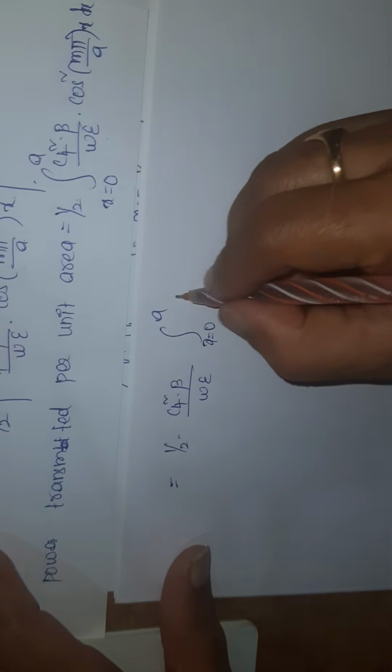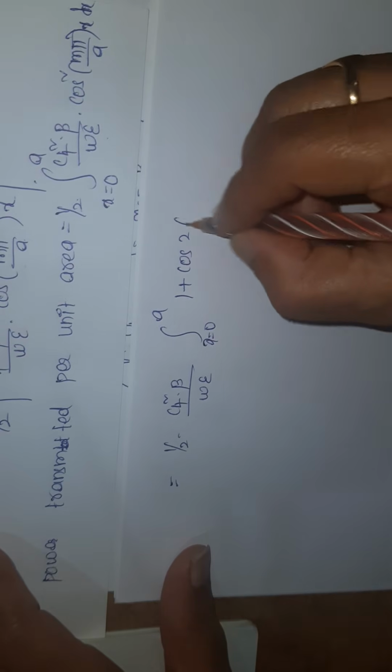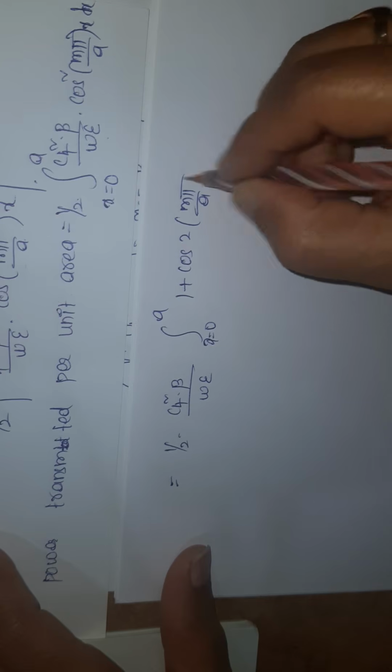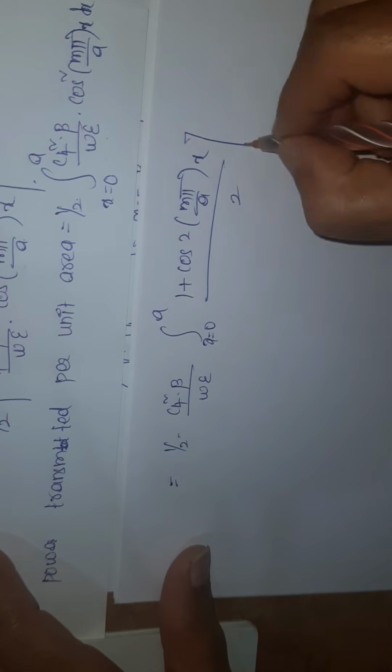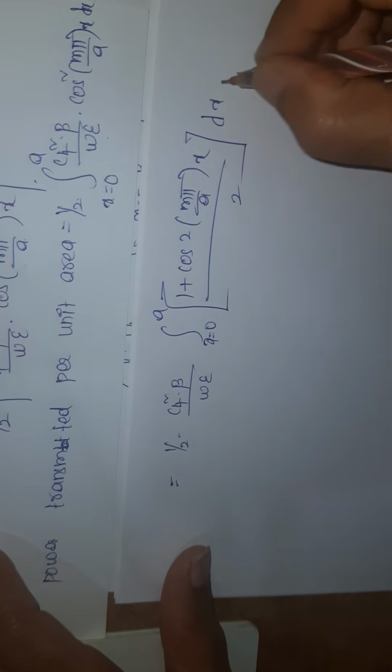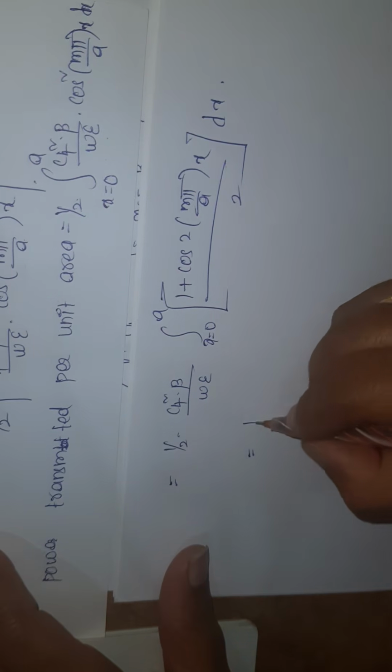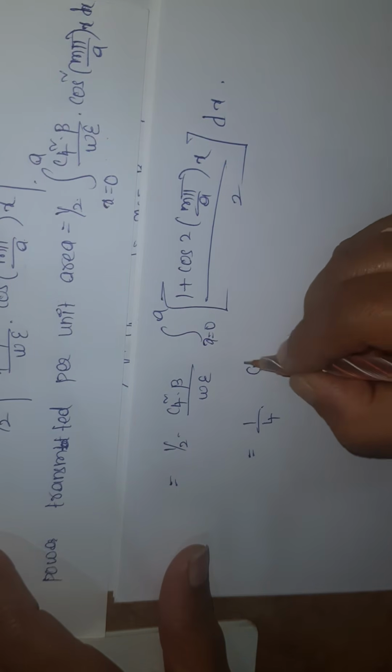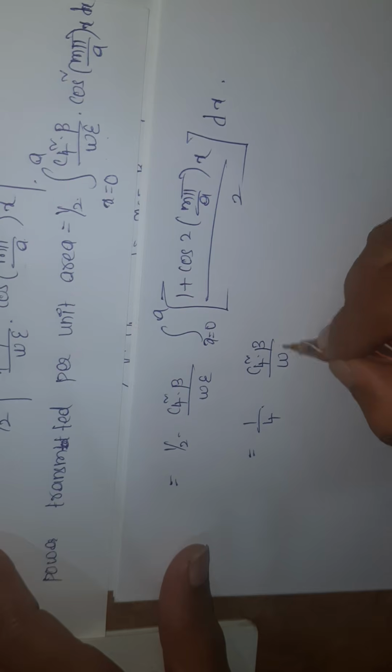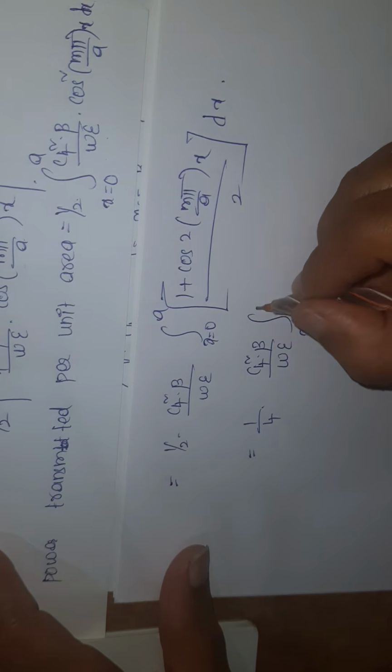Cos square theta can be written as 1 plus cos 2 theta by 2 to dx. So 1 by 2, 1 by 2, 1 by 4 C4 square beta by omega epsilon x is equal to 0 to a.